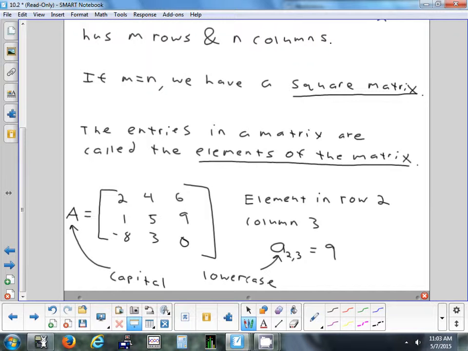So if I asked you to identify the element in row 2, column 3, this is the notation you could use. Lowercase a means I want an element from matrix A. Second row, third column. In this case, it's a 9.